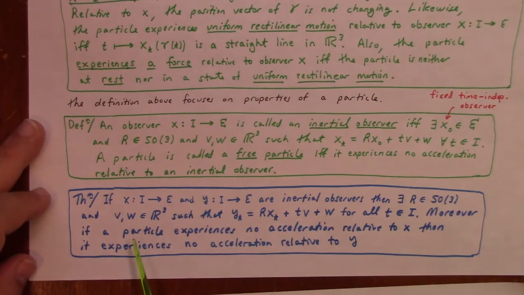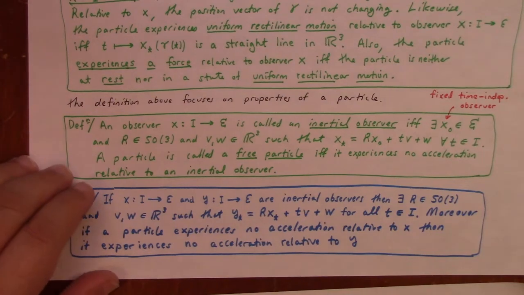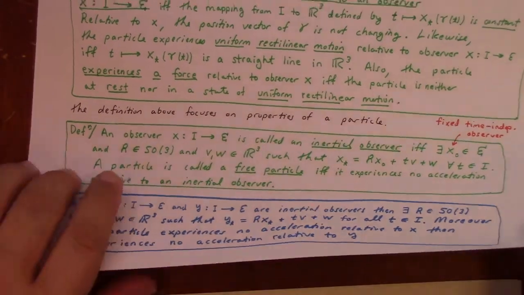Moreover, if a particle experiences no acceleration relative to x, then it experiences no acceleration relative to y. So now we're starting to build up the concepts we need to state Newton's laws. All right. Now, I think this theorem actually makes a pretty decent homework problem, so I'll try to put that in there for you.